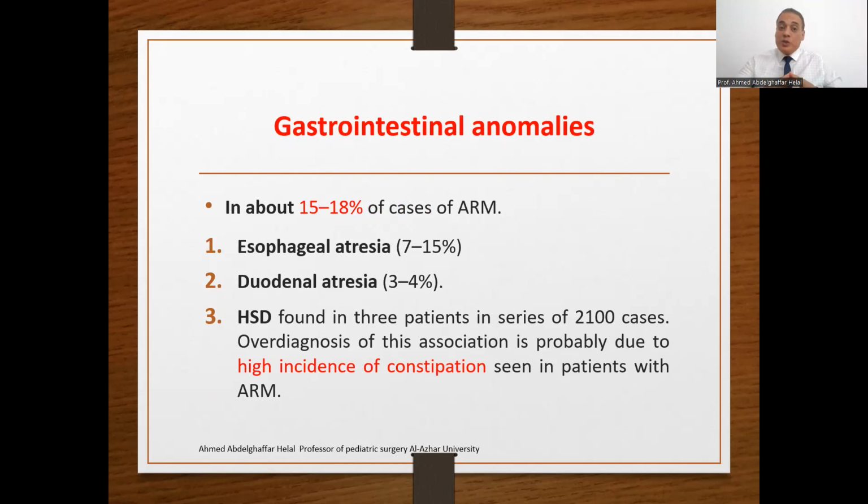Regarding Hirschsprung disease, there was a recent report of 3 cases out of 2,100. The overdiagnosis of this association may be due to the high incidence of constipation seen in patients with anorectal malformation, and we will explain this point later.